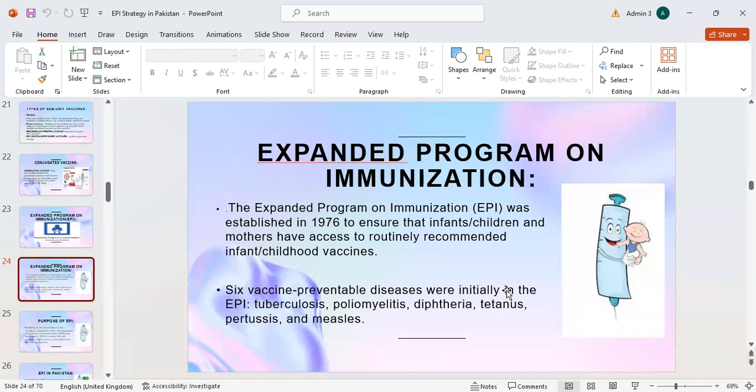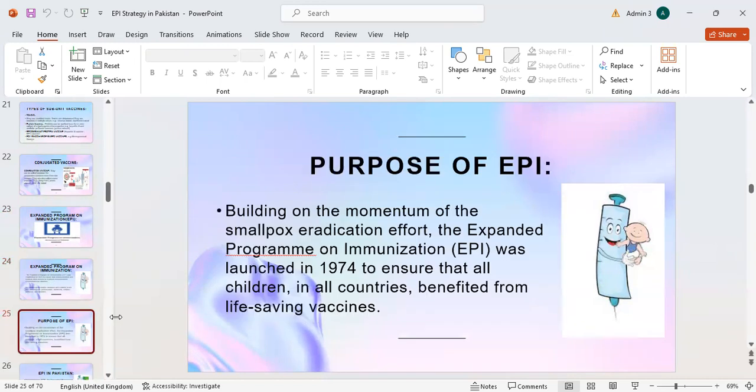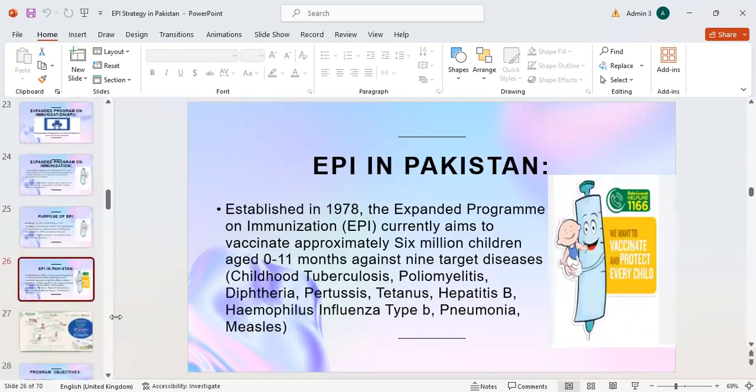Six vaccine preventable diseases were initially in the EPI: tuberculosis, poliomyelitis, diphtheria, tetanus, pertussis, and measles. Purpose of EPI: building on the momentum of the smallpox eradication effort, the program was launched in 1974 to ensure that all children in all countries benefited from life-saving vaccines.